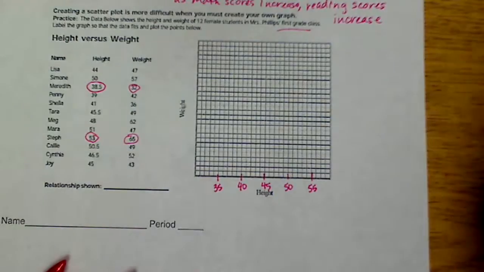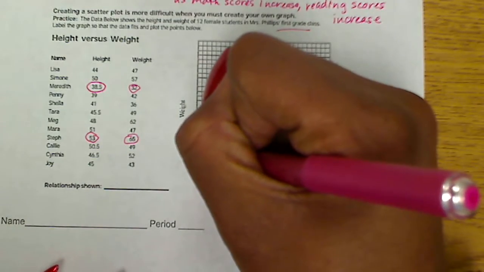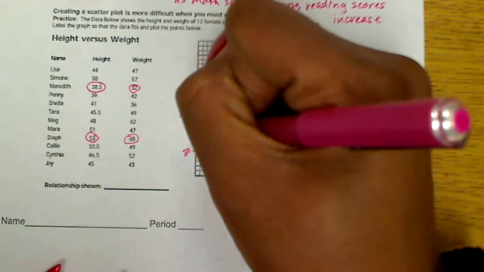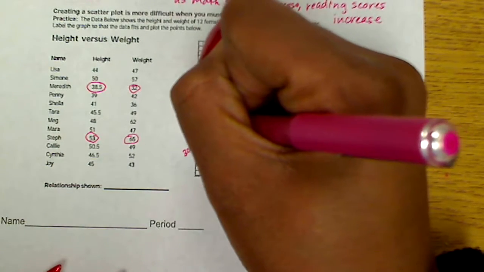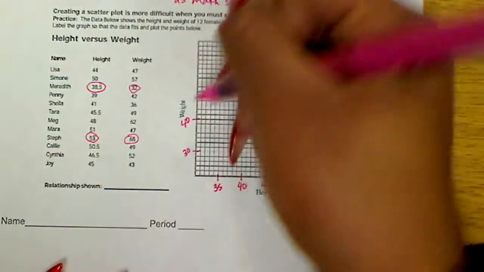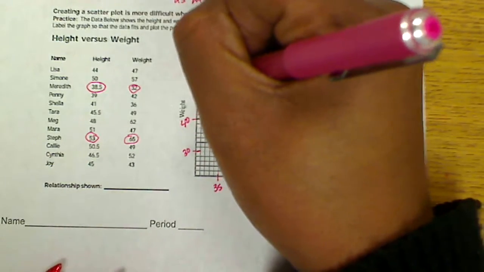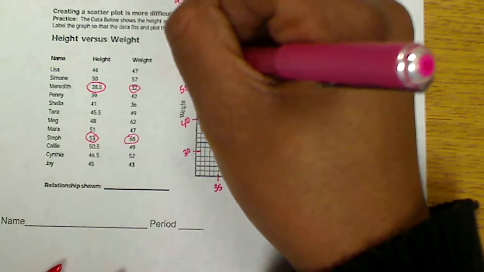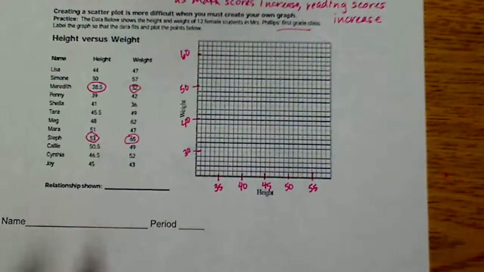So I would say that this one will be 30. And let's see, I will do 40. I'm going to do increments of 10 on this side so I can keep all of my data. 50, 60, and we know above that would be where we could put our 65.